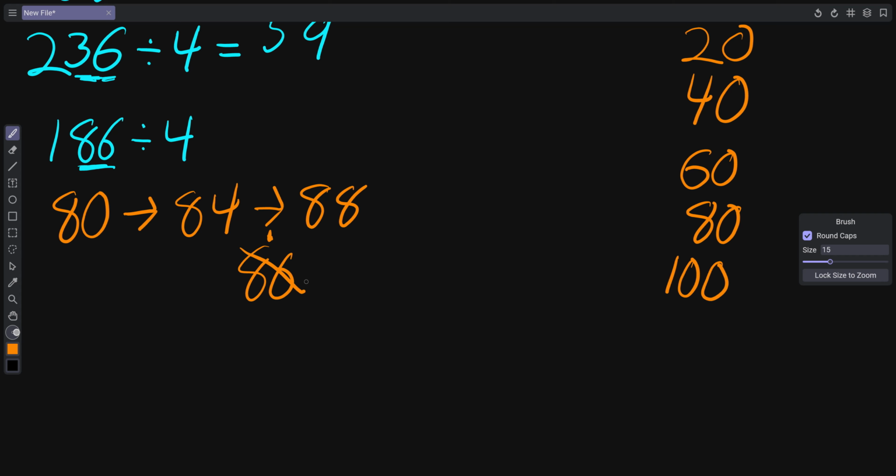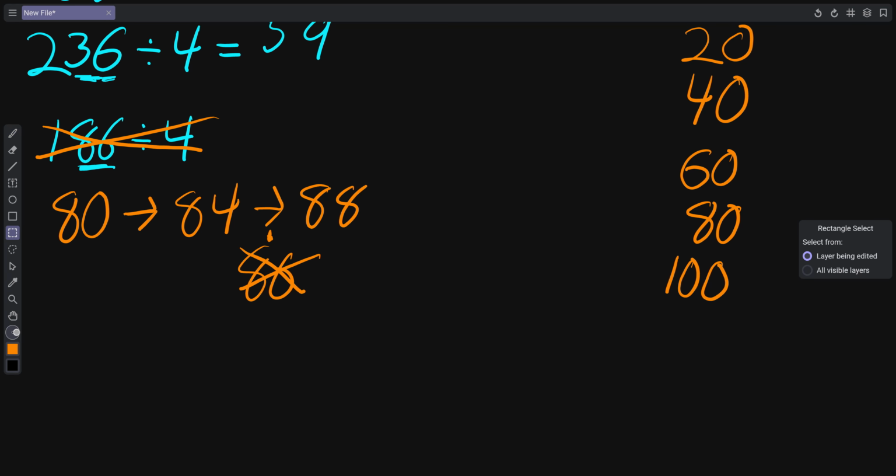It does not actually exist as a multiple of 4. So we know that this will not evenly divide. 186 is not evenly divisible by 4 because 86 is not evenly divisible by 4.